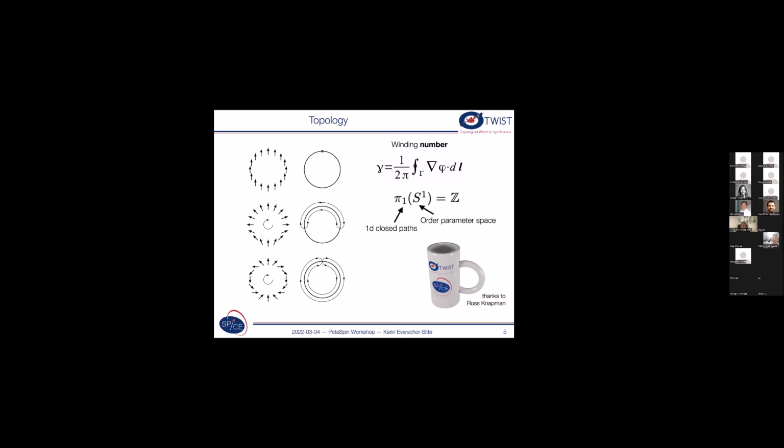If you look at it from a mathematical point of view, we are dealing with homotopy group theory, which is pi1. We go along a one-dimensional closed path and map it to an order parameter space that is S1. This means that we get Z, so every time you can wrap around a ring an integer number. And you get minus the winding number, of course, if you go the opposite way.